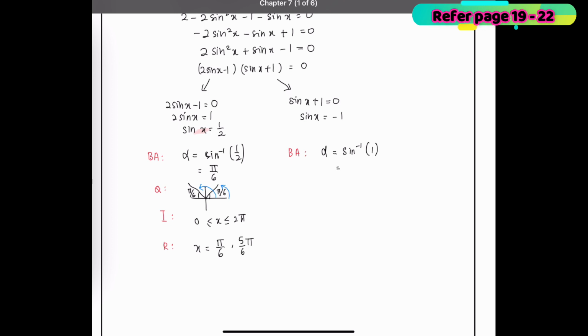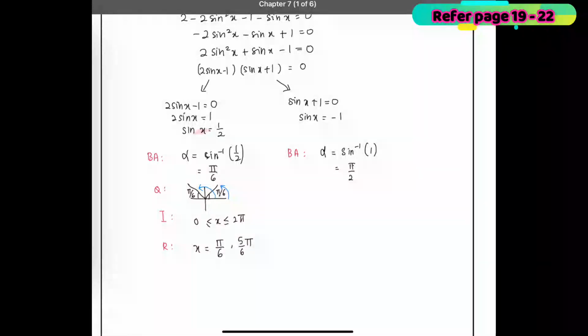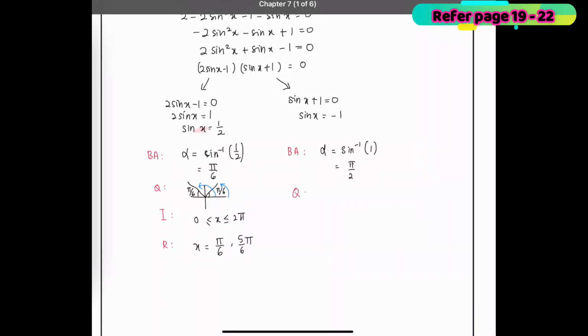So arc sine 1 is pi over 2. For the second step, which is Q, which quadrant is sine negative? It's going to be the third and fourth quadrant.